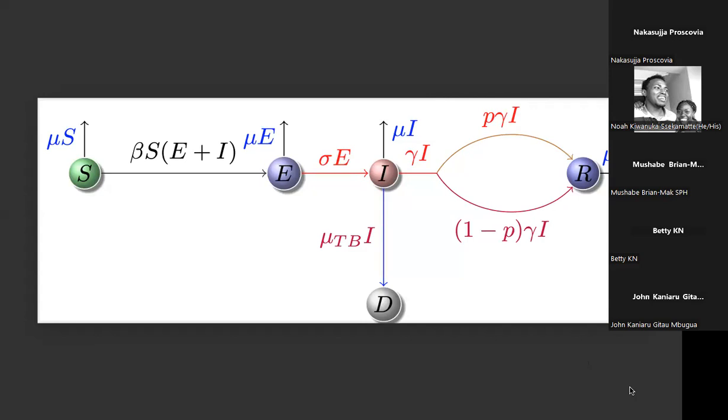Yes, Prof. The mu that goes to S, and then the loss of immunity, the arrow from R to S, right? Yes, Prof. Okay, so let me fix it, and then I share it. What is the email address? I hope I have your email address.